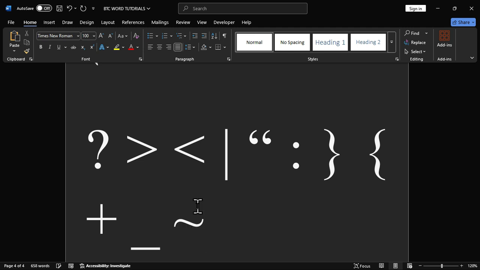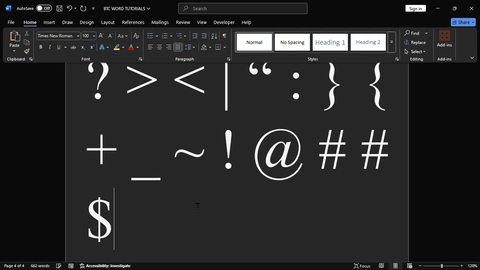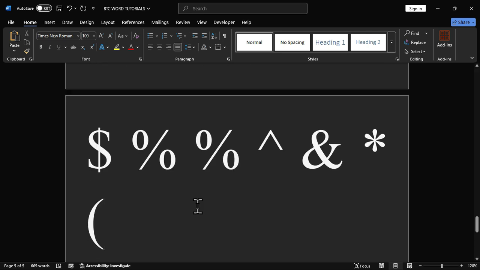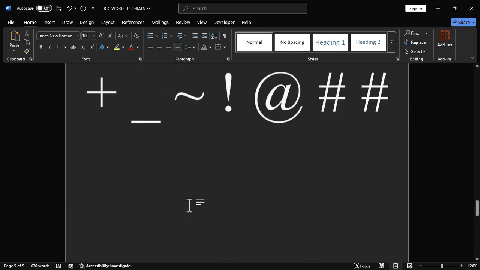We also have the tilde symbol, the exclamation mark, the @ symbol, the hashtag, the dollar symbol, the percentage symbol, the caret symbol, the ampersand symbol, the asterisk symbol, the open bracket, and also the close bracket. They can also be called the parentheses. All these symbols need the help of the shift key.